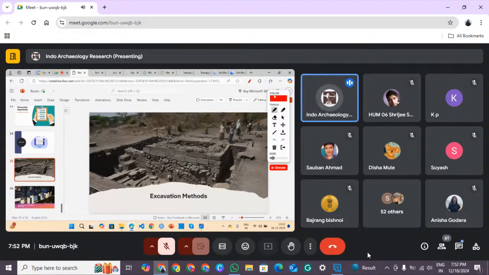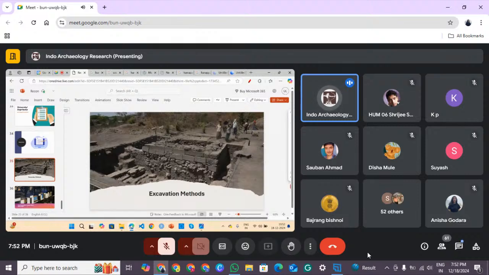Suppose you get a certain type of old structure there, and suppose this is the strange, and you can even give a name to the strange. The chief archaeologist will do that, whoever is the head of the site, and that person can give the name in codes or numbers, whatever type of name they choose. While conducting the activity, as I told you, firstly your proposal is going to be the most important factor.